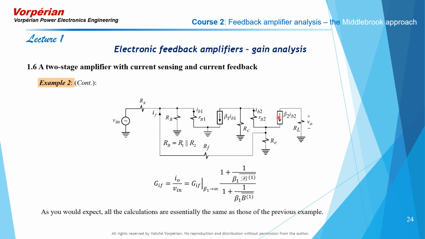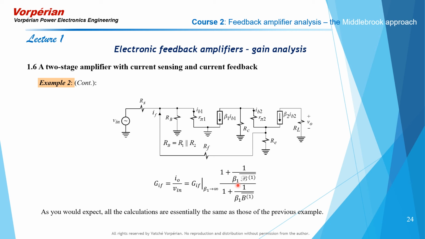But if I make beta 2 go to infinity, the current gain from IB2 to beta 2 doesn't go to infinity because of the presence of the emitter resistance, or all the resistance connected to the emitter circuit, which involves RE and the feedback resistor RF, but which is mostly dominated with little RE here. And that's why we chose beta 1. And that's important to note.